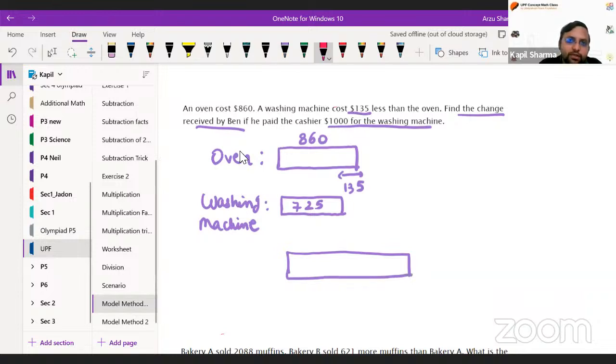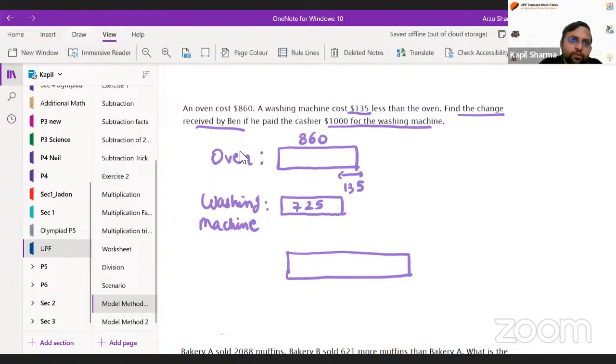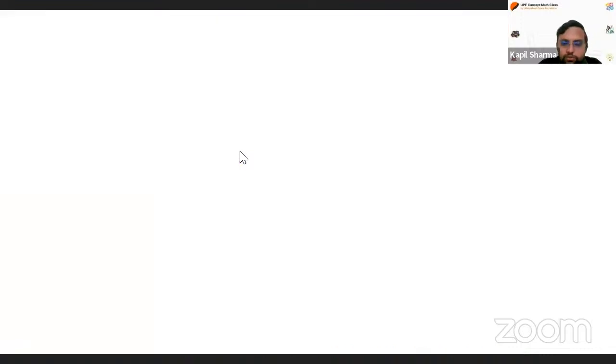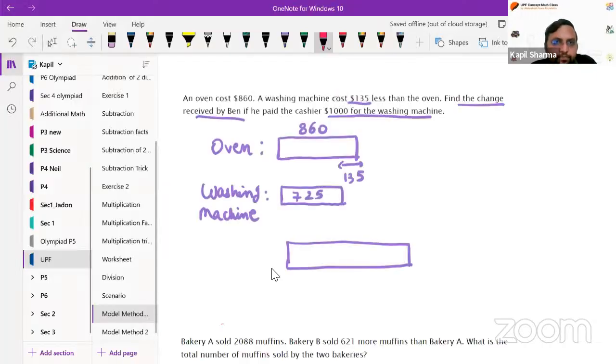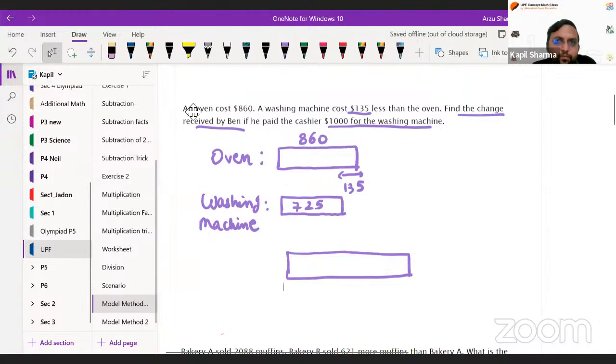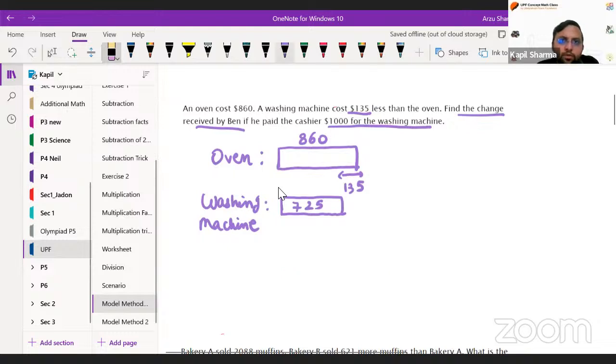Let's use a different color here. Oh, just a second. Yes, correct. So Swastik, let's say I use this now. So see, this is the amount of money he had, Ben.